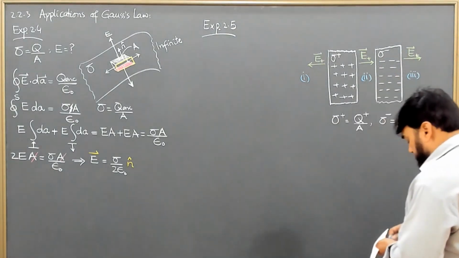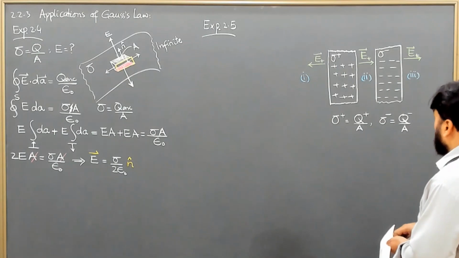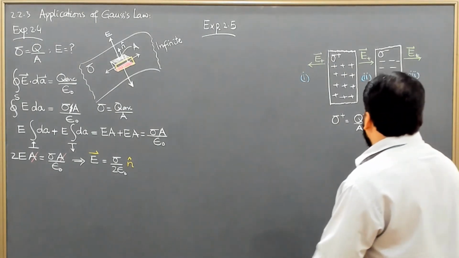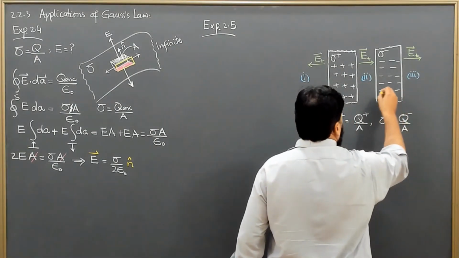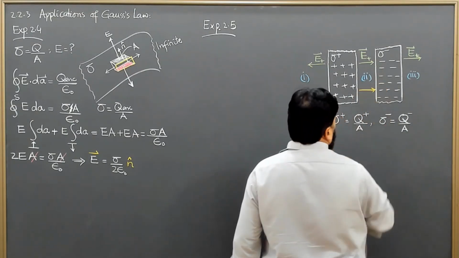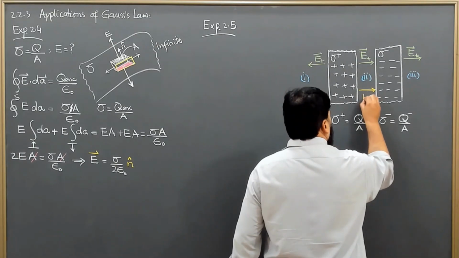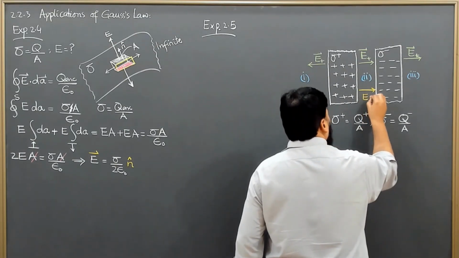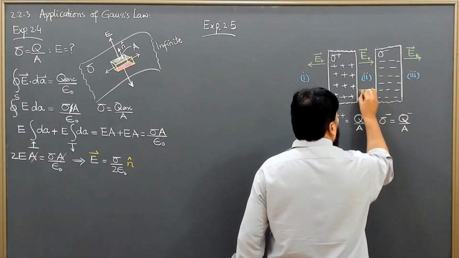And now consider the electric field due to this sheet, the negative sheet of charges. So the electric field of this is directed here in this direction. This is the electric field because it will be a converging electric field.